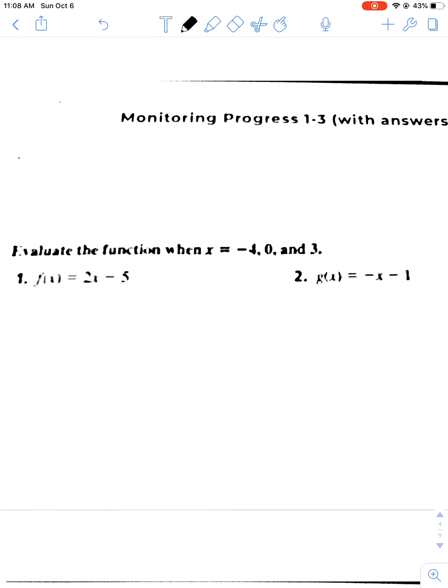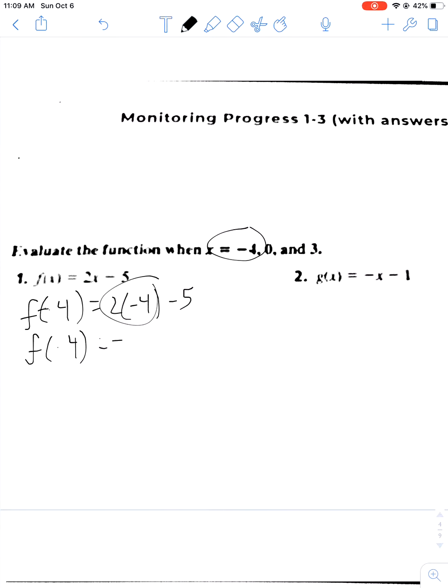All right, we're back. So, I need to replace negative 4. And since there's a few steps here, I'm just going to solve it really quickly. It should be negative 4, sorry. That's negative 8 minus 5, negative 13. Oh, how about 0?